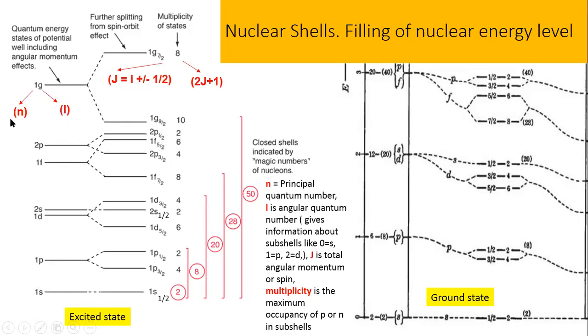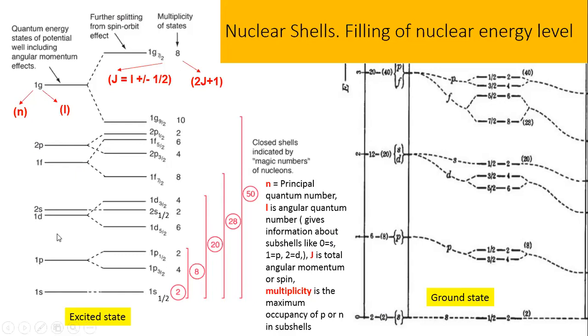With the angular momentum and the principal quantum number, we build up different energy levels. It starts from 1s, then 1p, then 1d, 2s, 1f, 2p, and 1g, and so on. This is the general differentiation, what 1 and g are telling us. This is very important because we will use this information to calculate the nuclear spin.